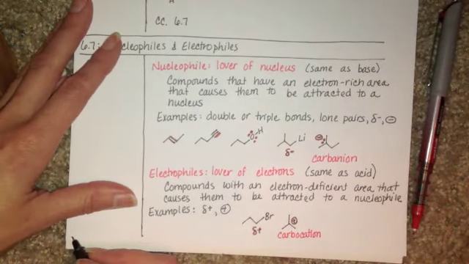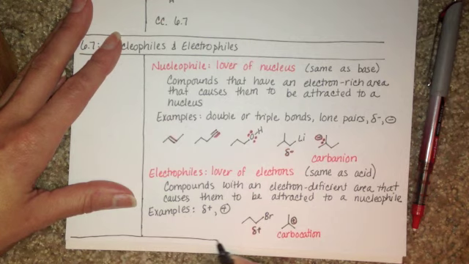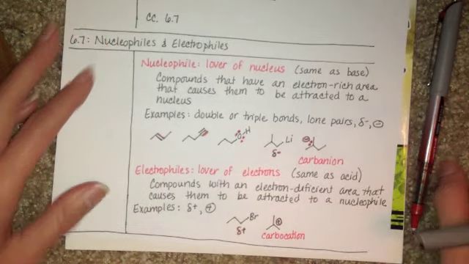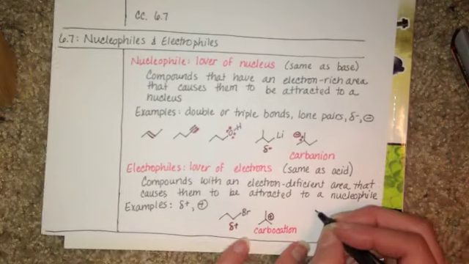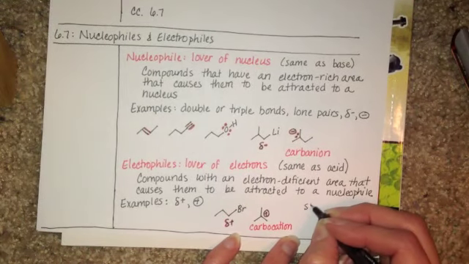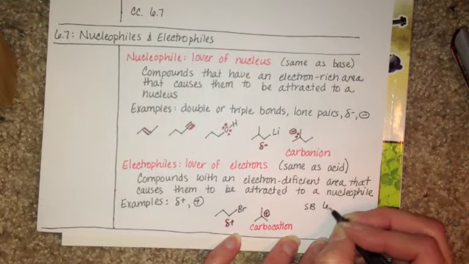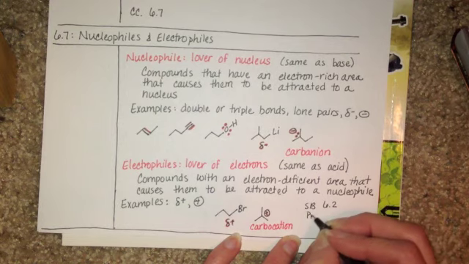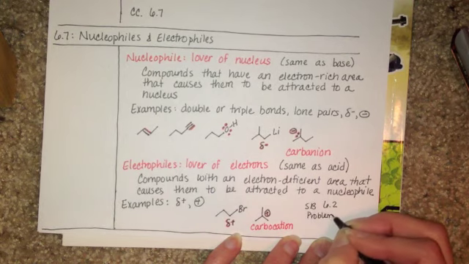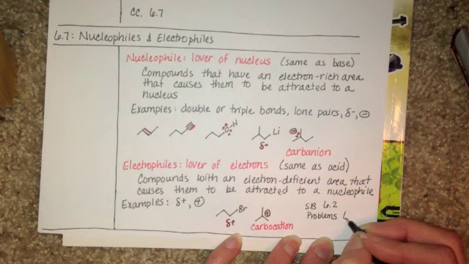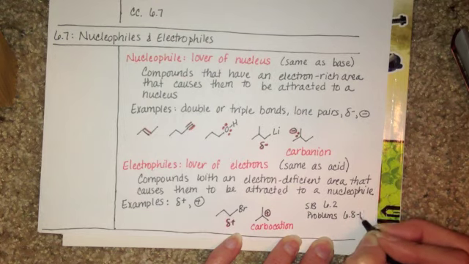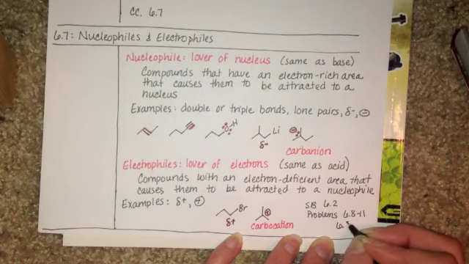It's important that you're able to identify electrophiles and nucleophiles when you see them. So I do want you to practice this with Skill Builder 6.2 and problems 6.8 through 11 and 53.